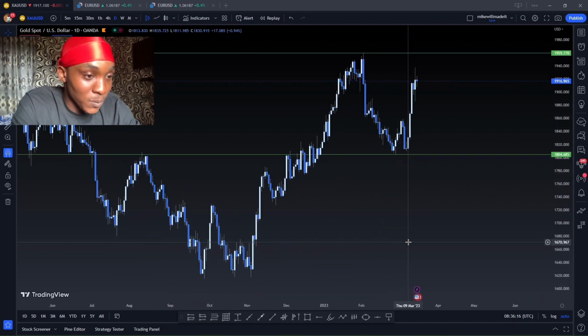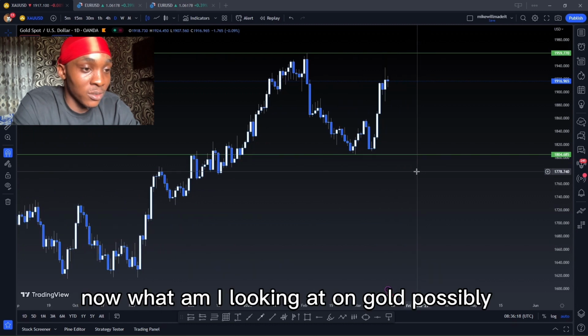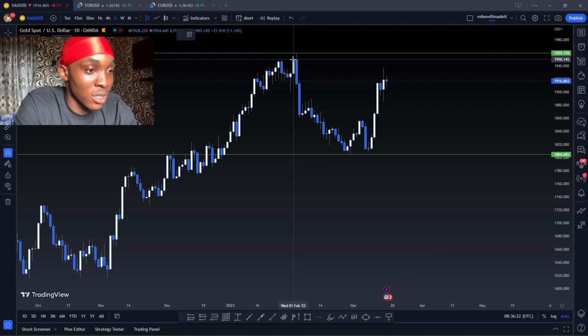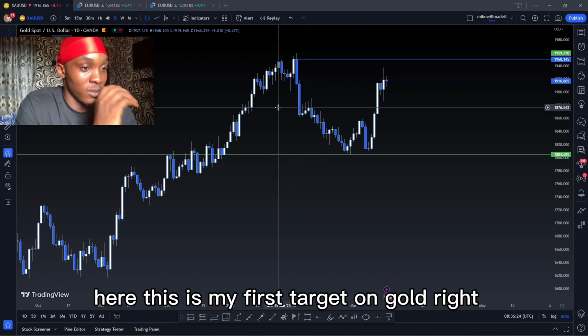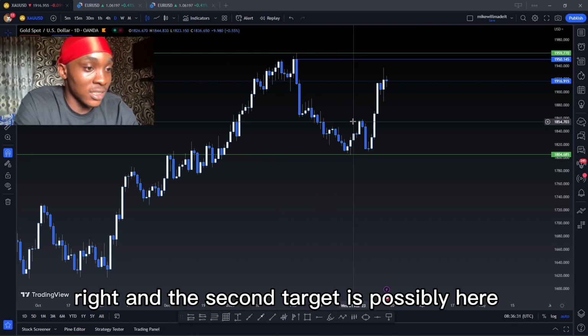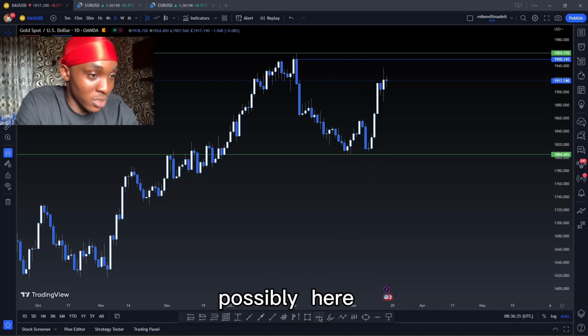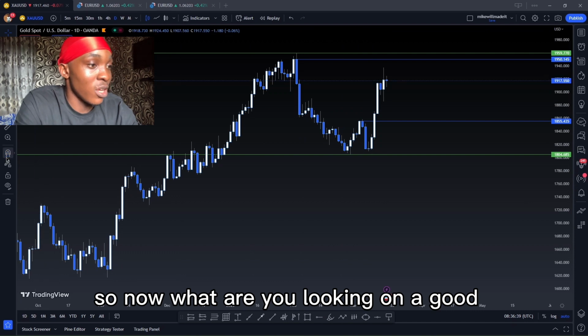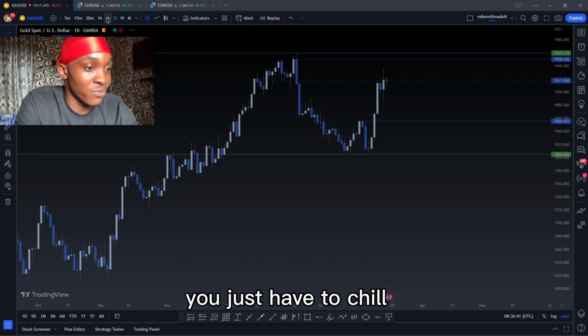So let's say for here now, what am I looking at on gold? Possibly here. This is my first target on gold, right, on my daily time frame, and the second target is possibly here where price actually broke through from. So now, what are you looking for on gold? You just have to chill.